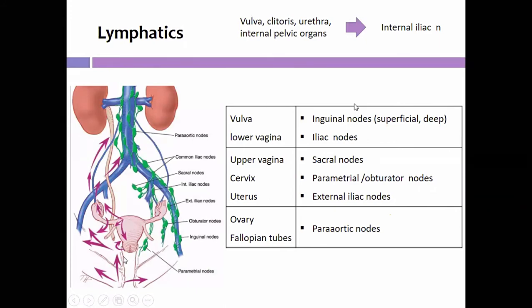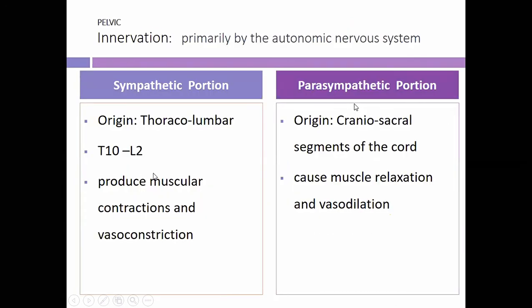If there is a problem on the upper part of the vagina, including the cervix and the uterus, the lymphatic drainage will go to the sacral nodes. In cases of ovarian tumors or cancer, you also have to check, because there's drainage into the para-aortic nodes. That's why when doing a procedure for ovarian malignancy, you also trace the lymph nodes.